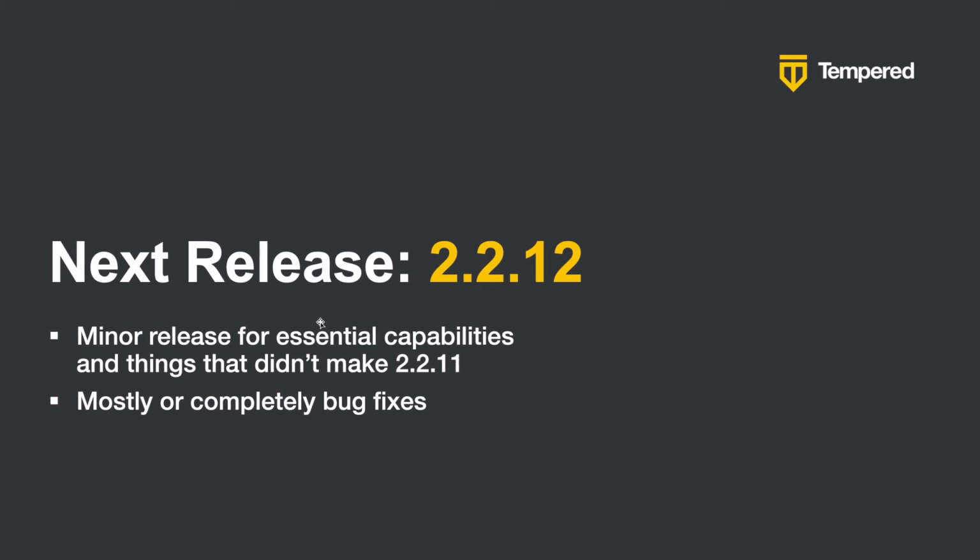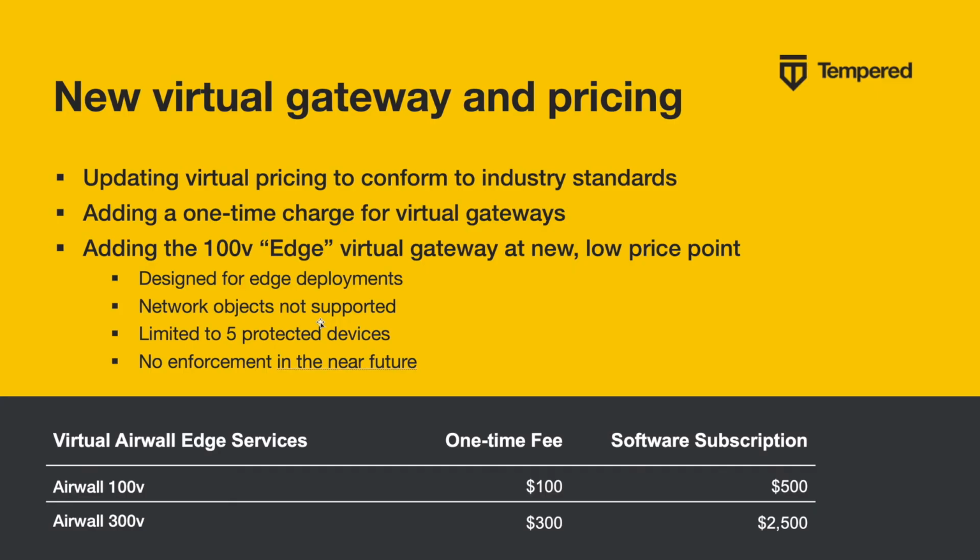There's a couple of other interesting items I'd like to let you know about. First of all, we have a new virtual gateway, the Airwall 100V. This is very similar to the 300V, but it's intended to be used at the edge of the network at a much lower price point. So it has a couple of features that are different. We limit it to 5 protected devices, although that's not currently enforced. And we're also removing the network object capability.